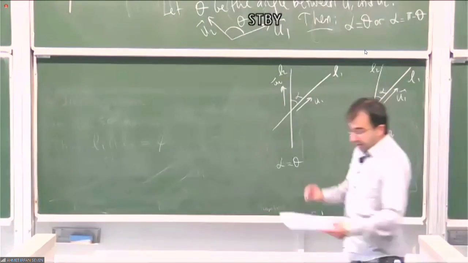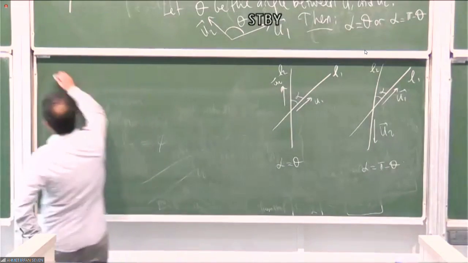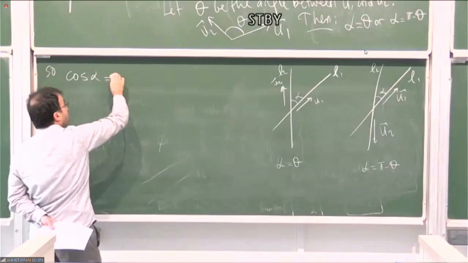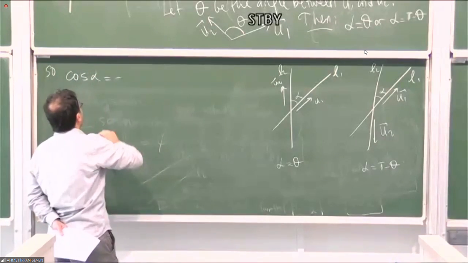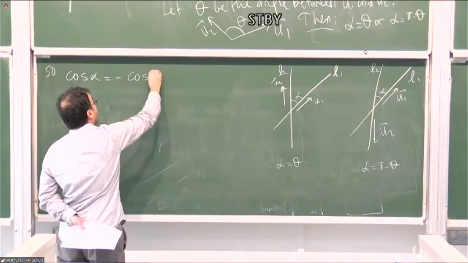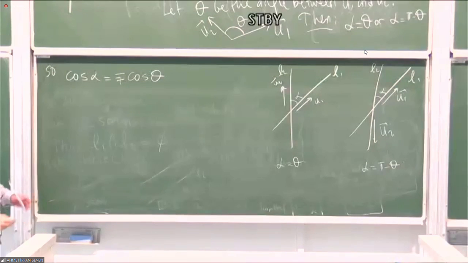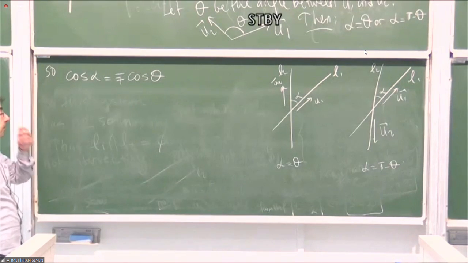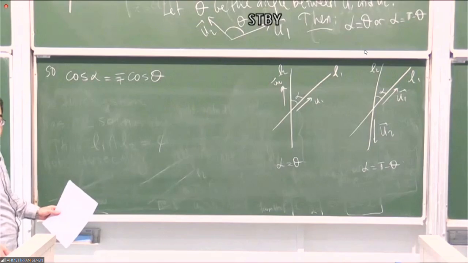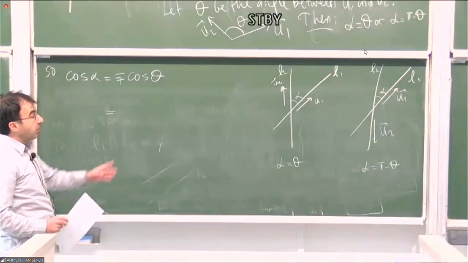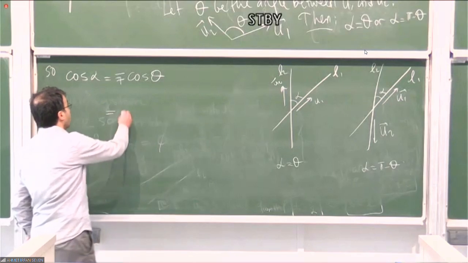Anyways, in any case, we have the following. If we look at the cosine of these angles, cosine of alpha will be plus or minus cosine theta. Well, why am I looking at the cosine? Because I can compute the cosine of the angle between two vectors using dot product.